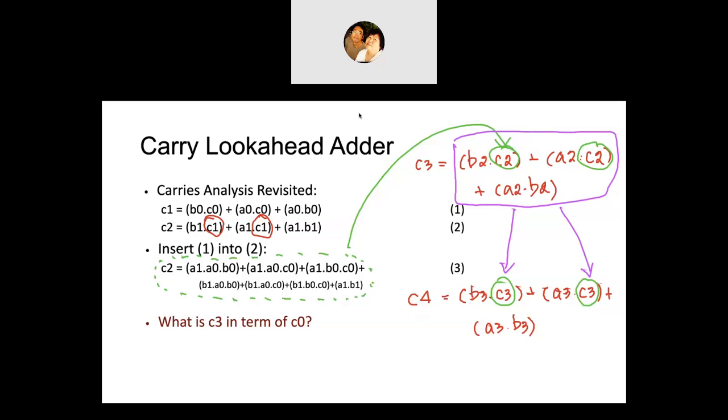From the equation like this, you know that if there are so many terms here, there are lots of AND gates and OR gates. What does it mean? To calculate C4, what does it mean if you have the really long equation?